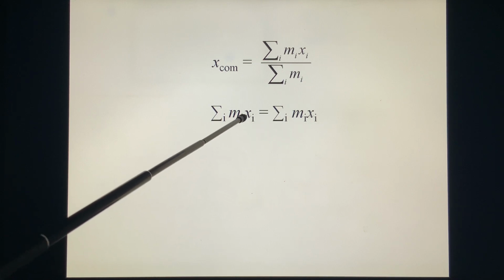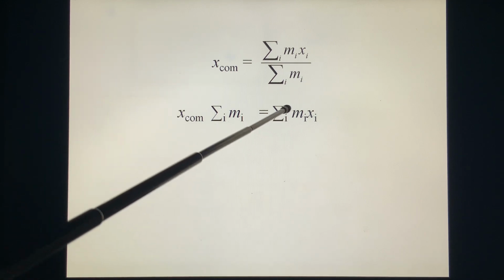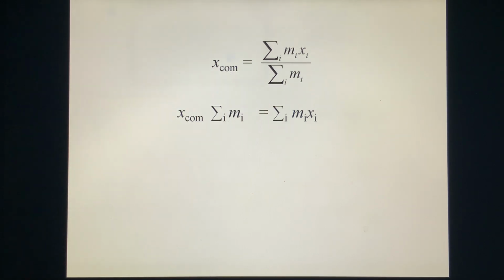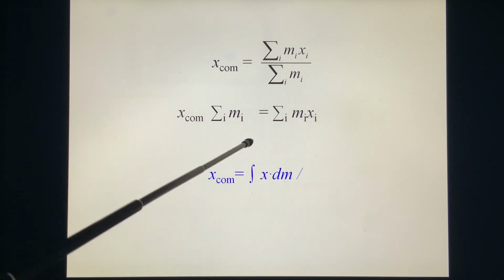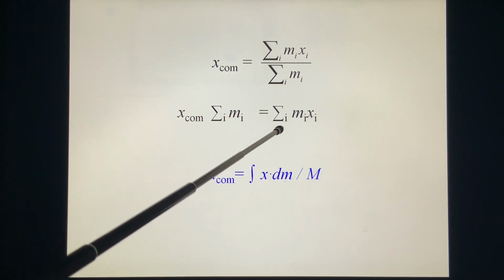I move this xi out, because inside it is 1, 2, 3, 4, but out here you don't have a sigma. So I change this one to x com. You see, that's x com equals sigma mi xi over sigma mi. Exactly the same thing. Then we extend to the integration, where mi is replaced by dm, x, and sigma mi is big M.